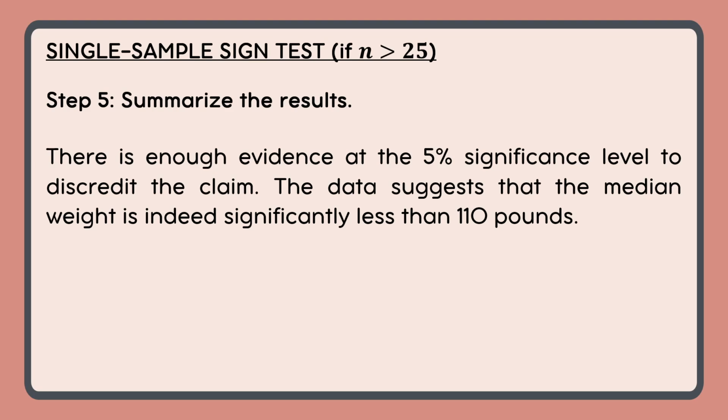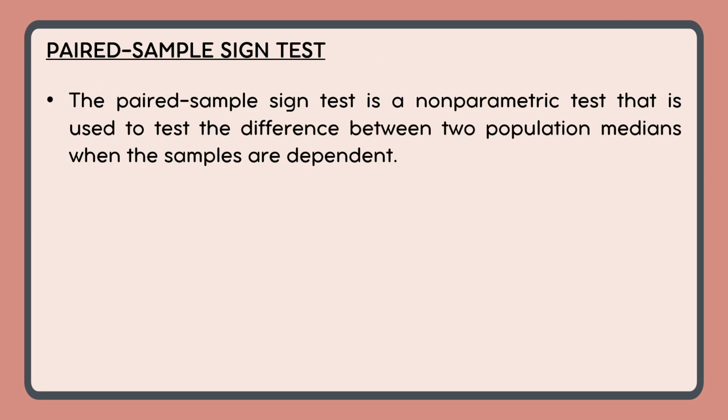So those are the examples for the single sample sign test, whether the sample size is greater than 25 or less than or equal to 25. The paired sample sign test is used to test the difference between two population medians when the samples are dependent.